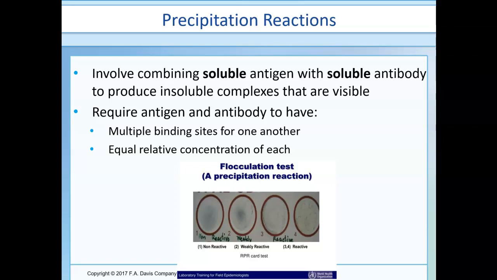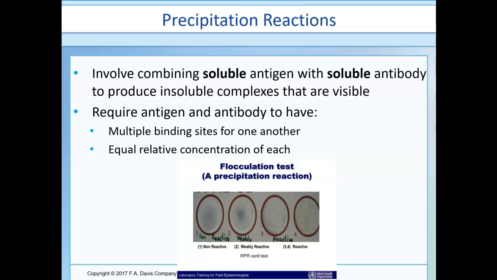So when we take a soluble antigen and a soluble antibody and they combine together, we have a visible reaction called precipitation. So we have to have multiple binding sites for each other, and we have to have equal relative concentrations of each. One example of this is the flocculation test. There's a picture down here of what flocculation might look like.